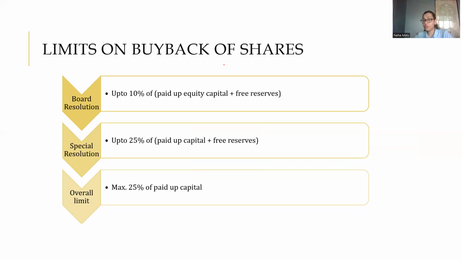However, if the company wants to buy back in excess of that, up to 25% of the paid up capital and free reserves, that is equity plus preference, then shareholders' approval by way of a special resolution is required. However, in any situation, whether by board resolution or by shareholders' resolution, the overall limit on buyback is up to 25% of paid up capital. So this is with respect to limits.